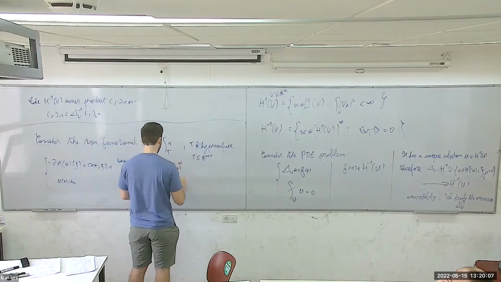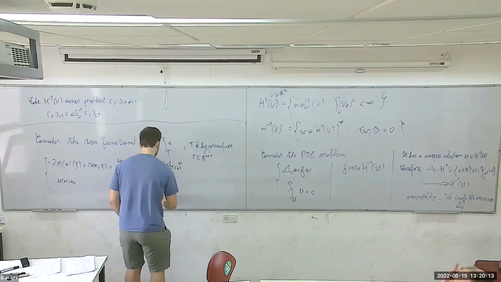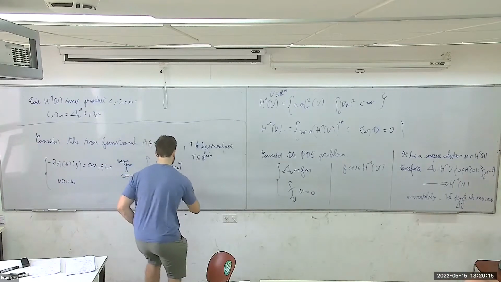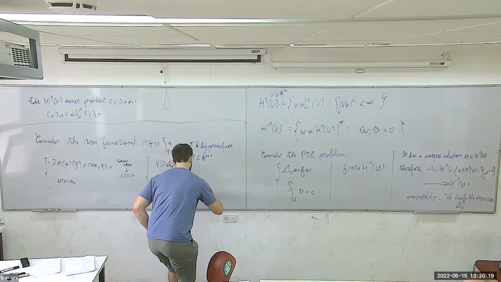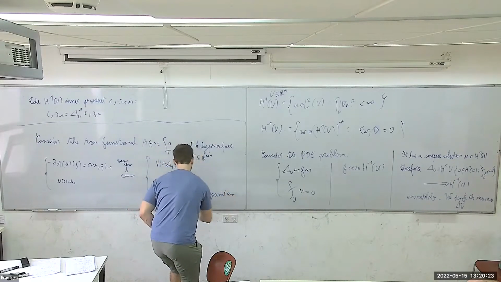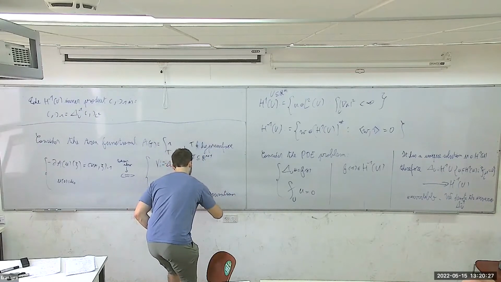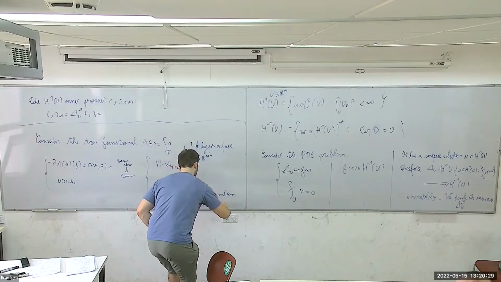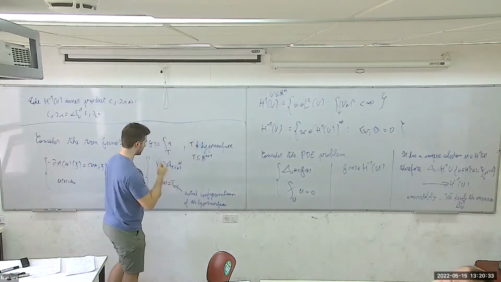So surface diffusion, gamma is the initial configuration of the hypersurface. What is surface diffusion doing?